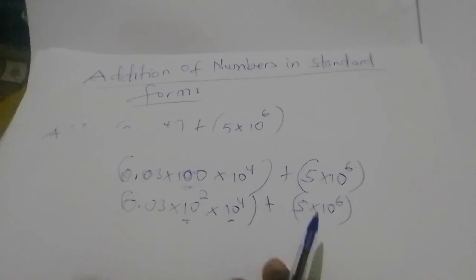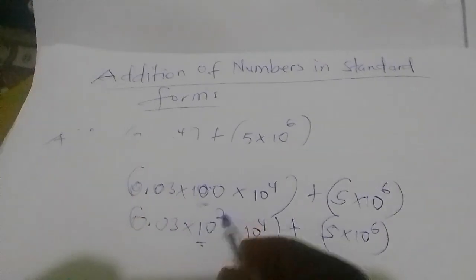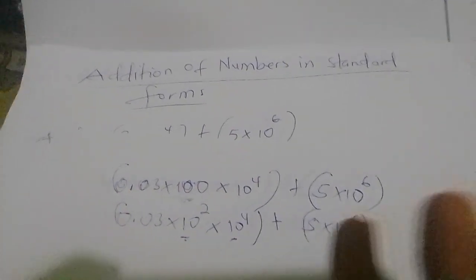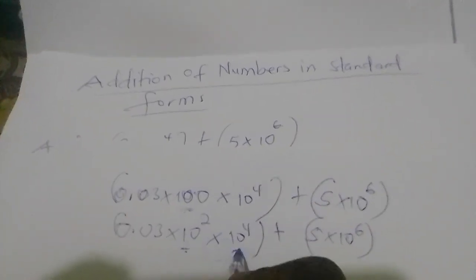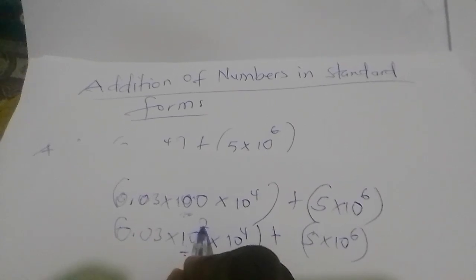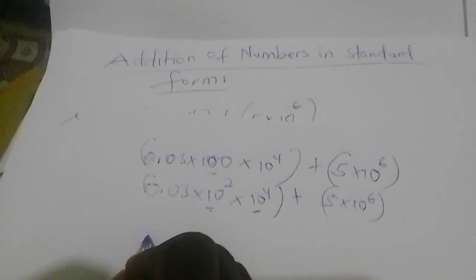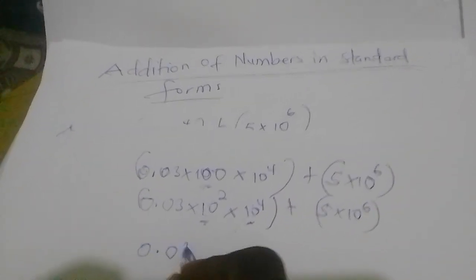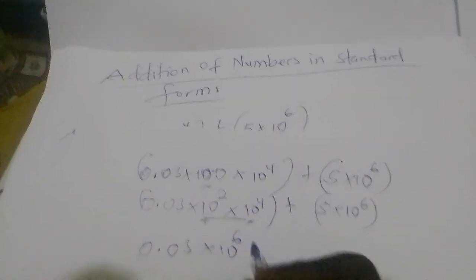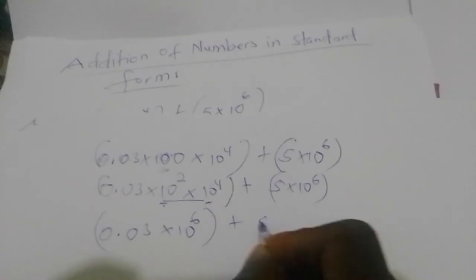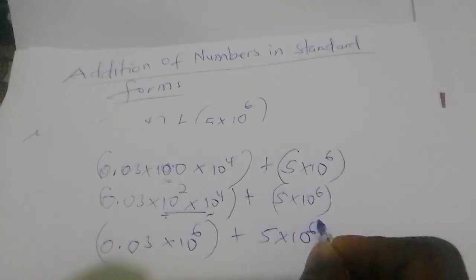So we apply the law of indices, which says when we are multiplying the same bases, we add the powers. Okay, we have 10, 10. So we just add the powers, which is 2 plus 4. That gives us 6. So we have 0.03 times 10 to the power 6 now from this one. Okay, all in bracket, plus 5 times 10 to the 6, okay?